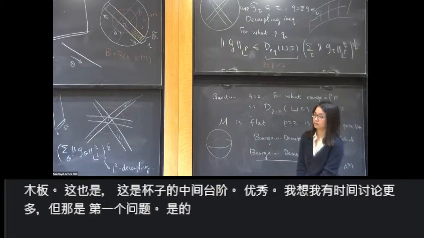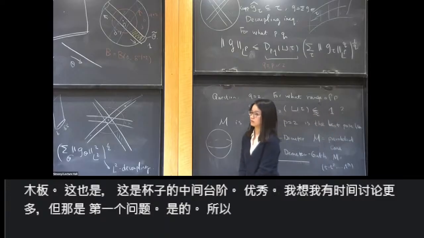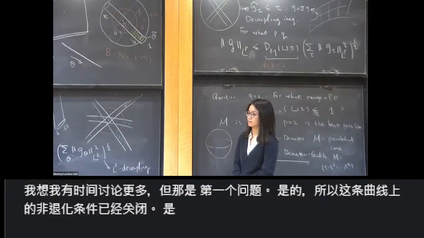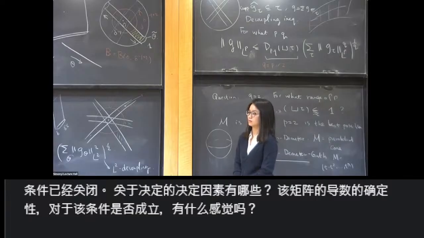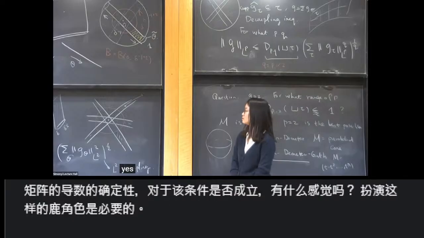The non-degeneracy condition that you've imposed on this curve is about the determinant of the derivatives of that matrix. Is there any feeling for whether that condition is necessary for such a theorem to hold? Yes.